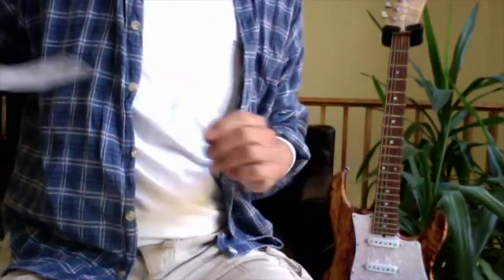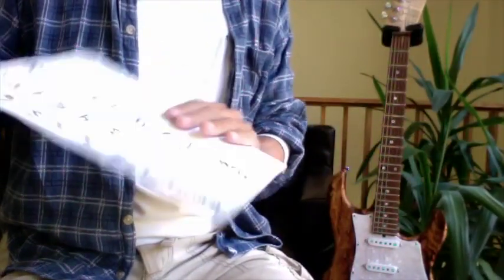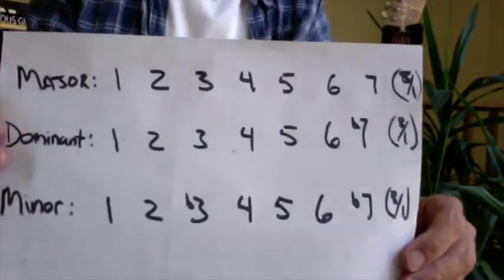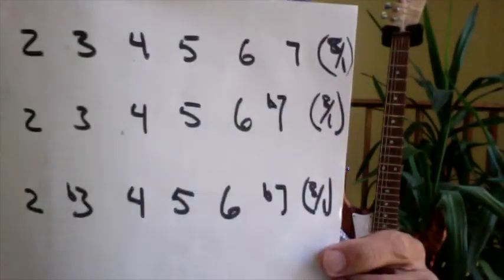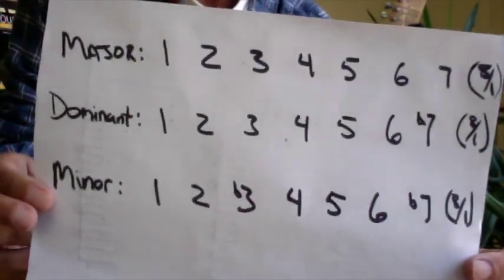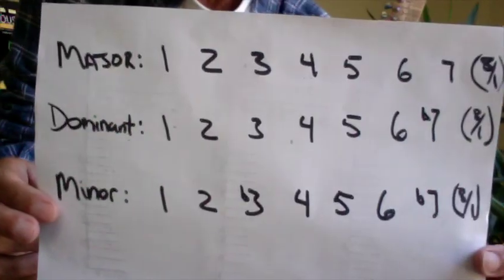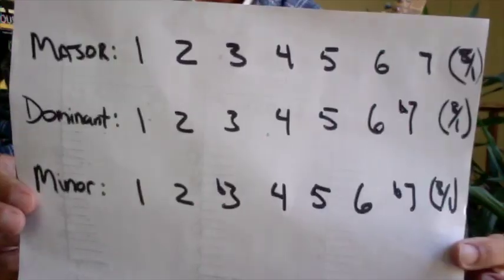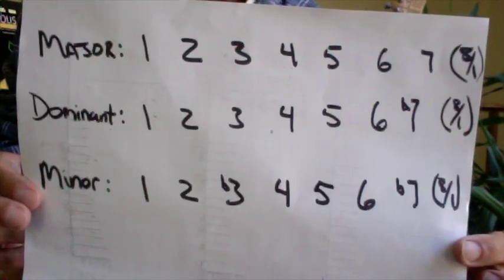So I'm going to hold up a little chart here. Obviously this chart would be in the book and look a little nicer, but I'm just scratching this out for now. Okay, here are the intervals that we just played in those 3 scales. So I'm going to ask you a question about the major scale up on top.